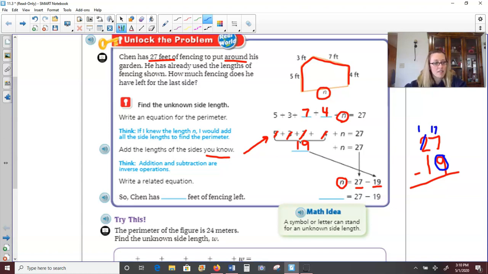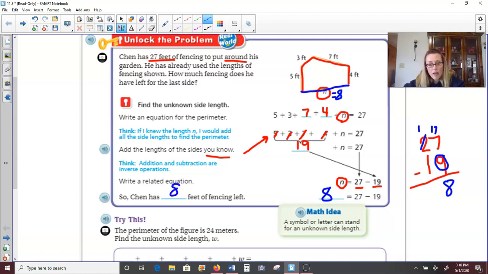And so 17 minus 9 is equal to 8. And then the 1 minus 1 cancels out to 0. So what we see is 8 left over. So that means up here, N must equal 8 in order for Chen to use all 27 feet of fencing.